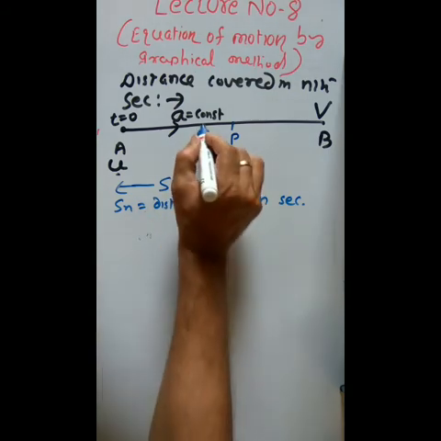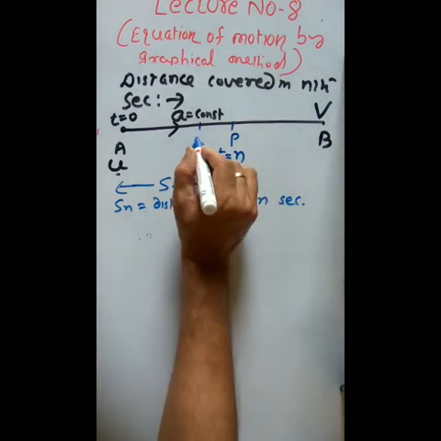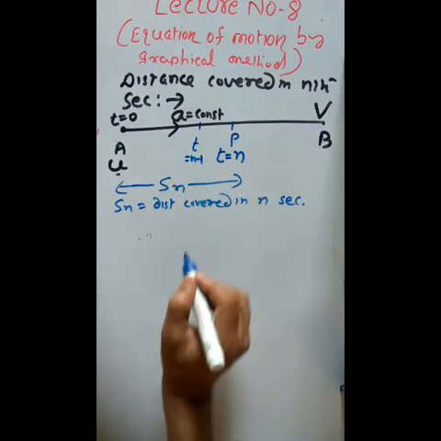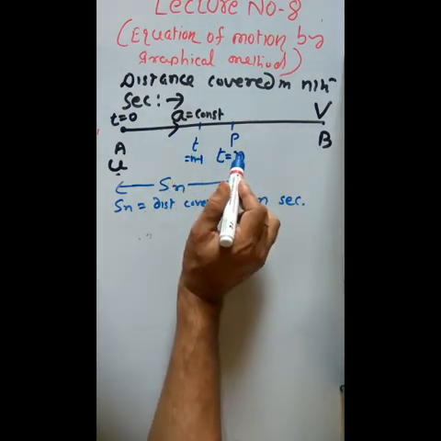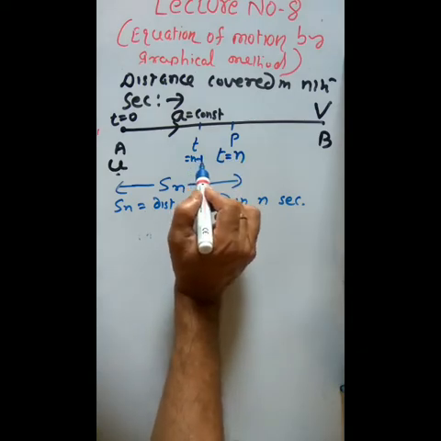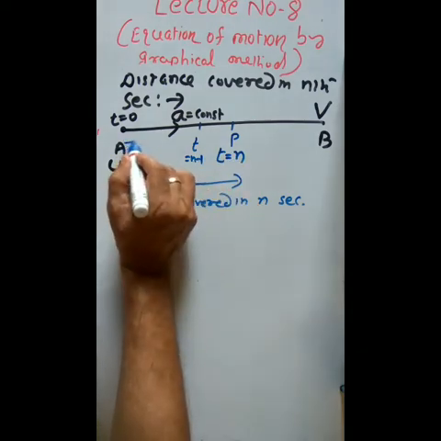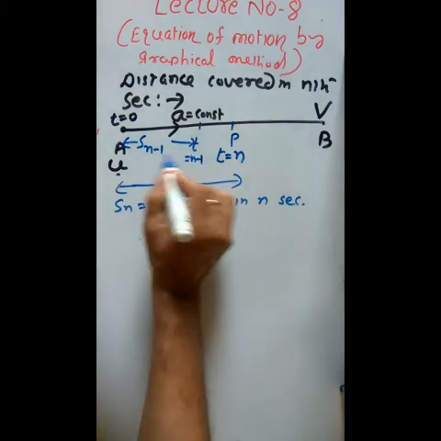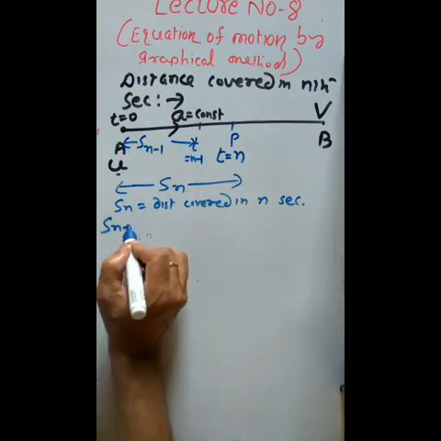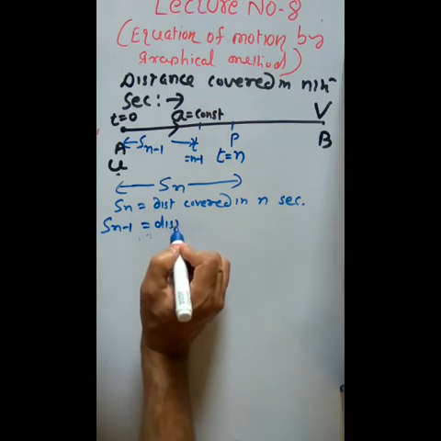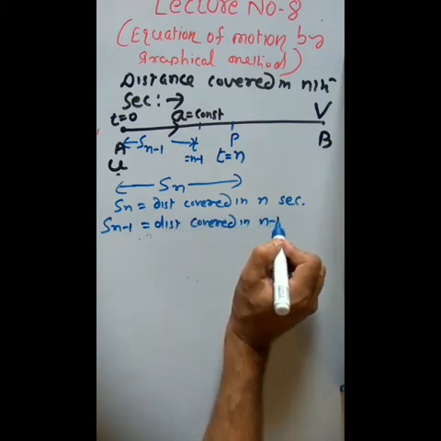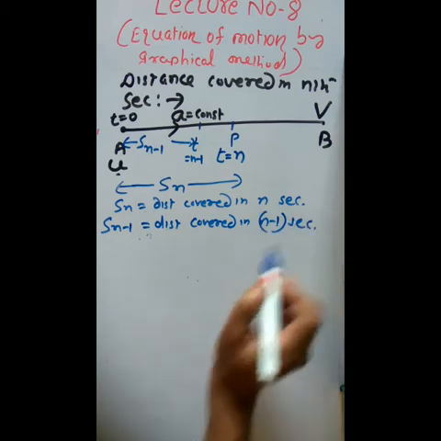Okay. And before n seconds, let the time be what? n minus 1. Just 1 second before n, the time is n minus 1. So during this n minus 1 seconds, what is the distance covered by the body? Sn minus 1. So Sn minus 1 is the distance covered in n minus 1 seconds.